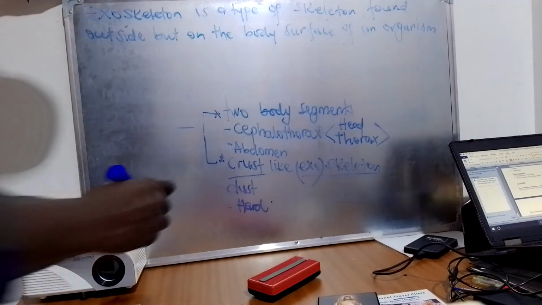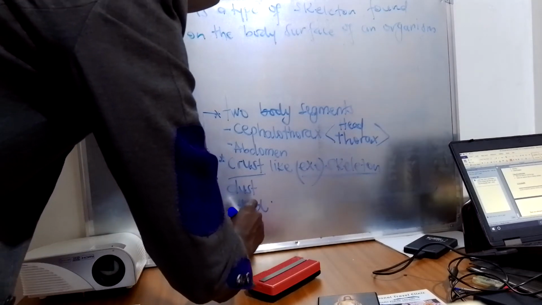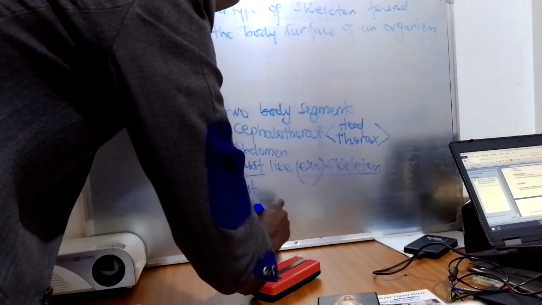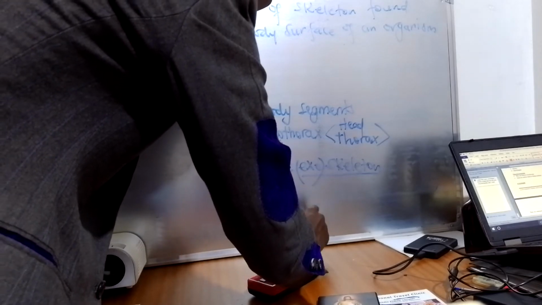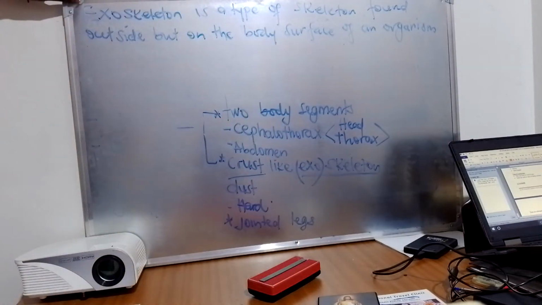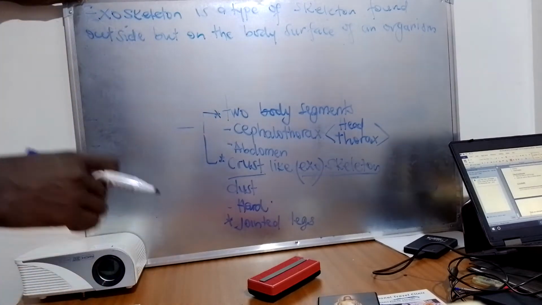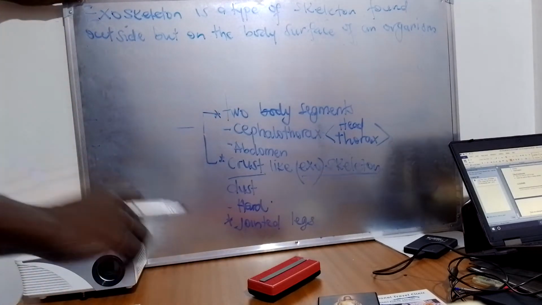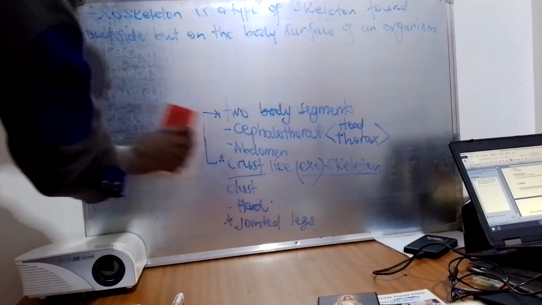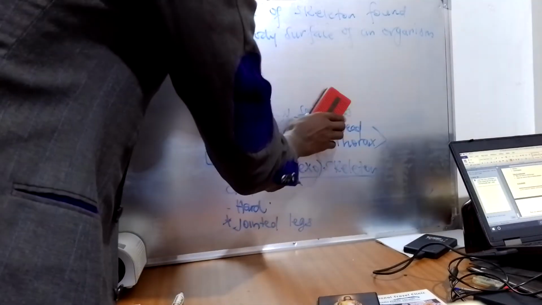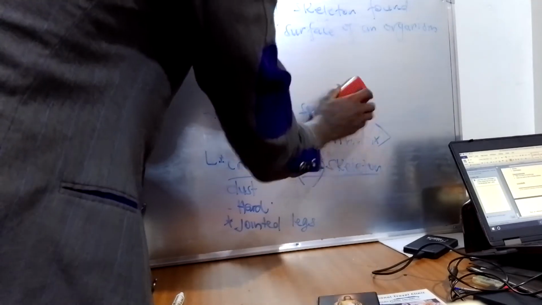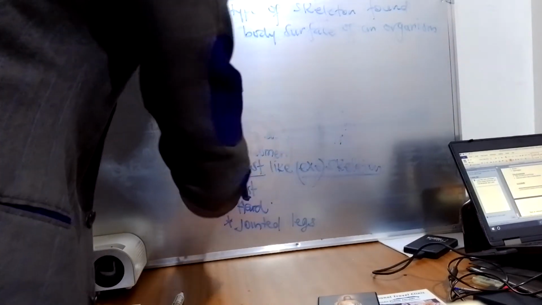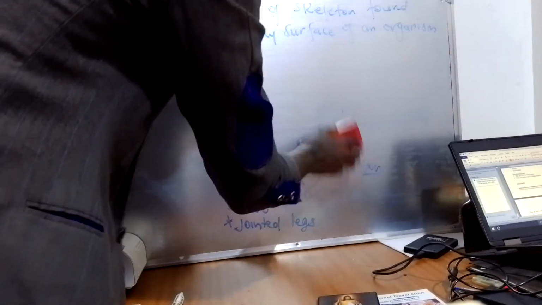Because it's an arthropod, it also has jointed legs. Another feature of the crustacean is that most of them live both on land and in water, in shallow waters.